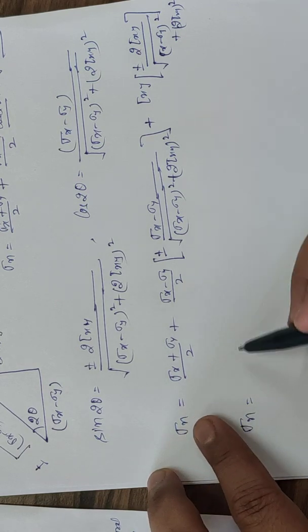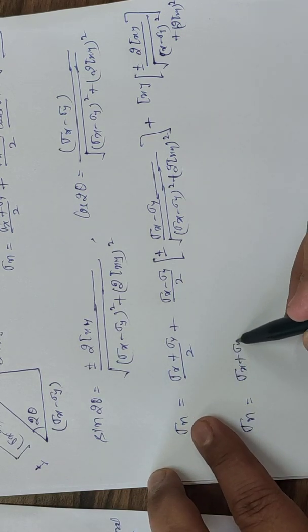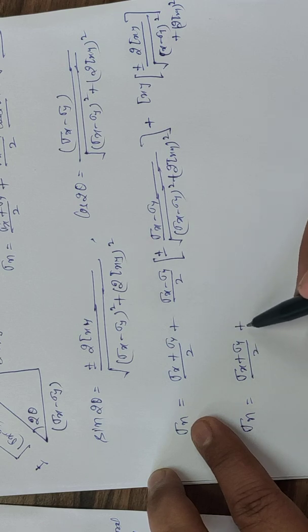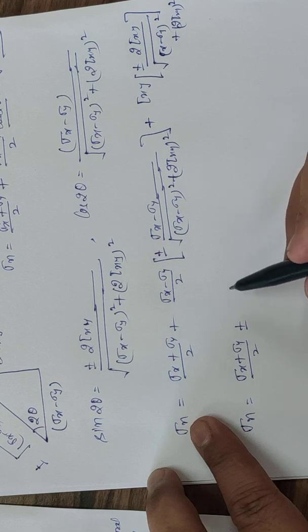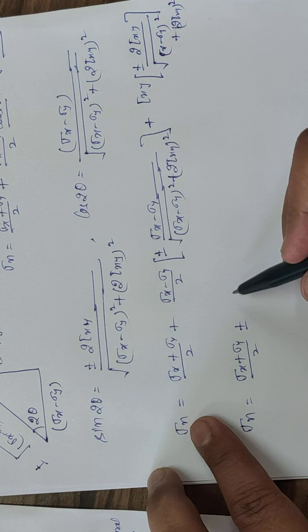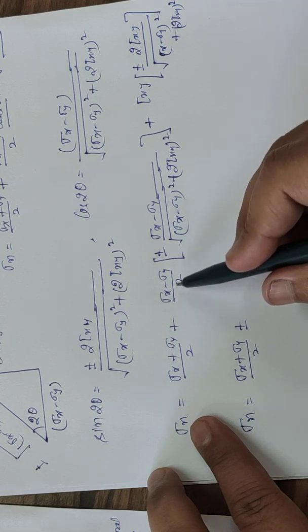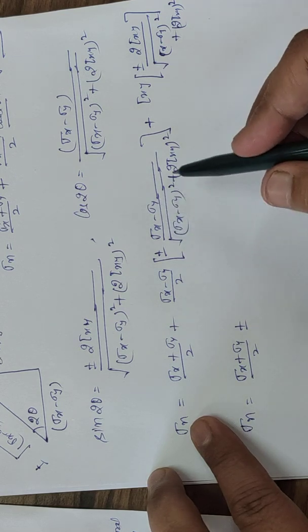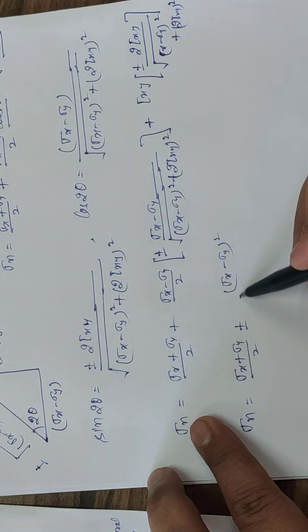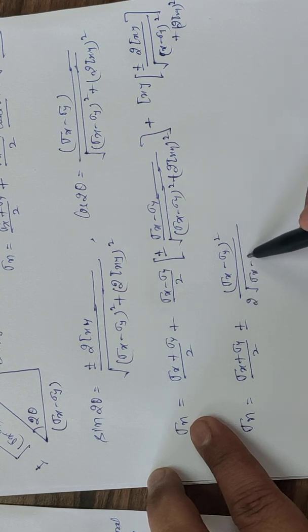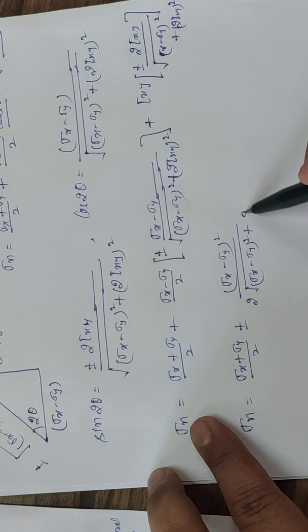Sigma n will be equal to (sigma x plus sigma y)/2 plus minus, here we will have (sigma x minus sigma y) whole square divided by 2 under root of (sigma x minus sigma y) whole square plus (2 tau xy) whole square.